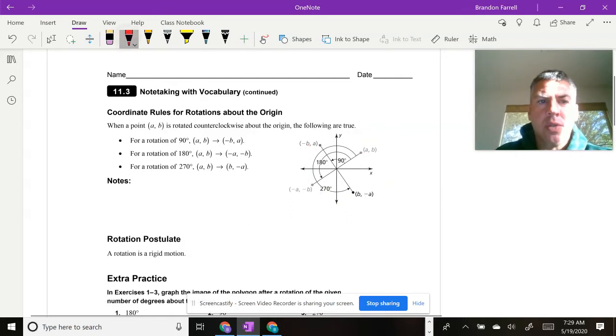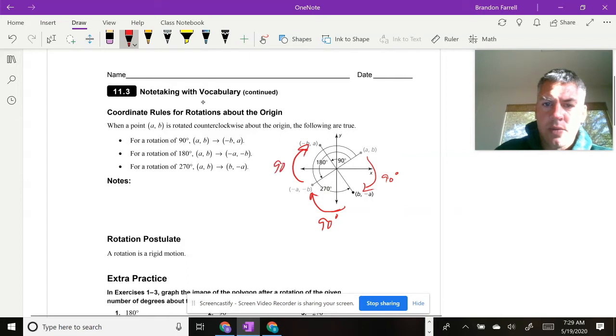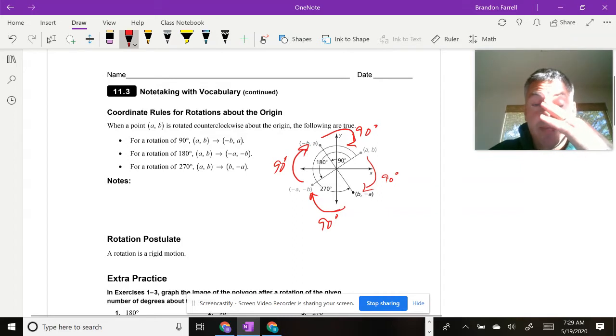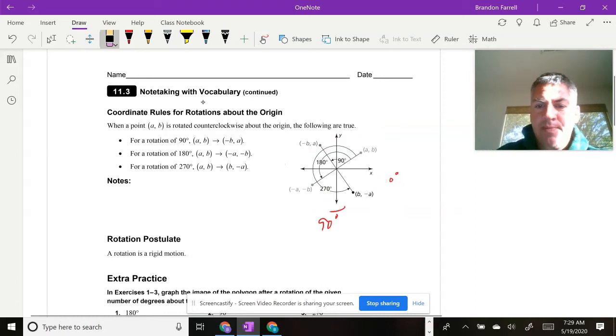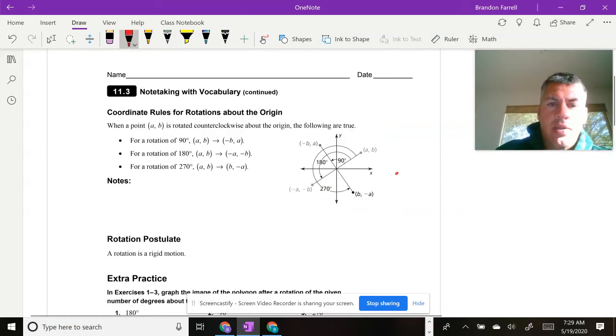You can also go the opposite way, 90 degrees, and get around to the same point if you do that 4 times. And then we spend a lot of time worrying about the language about a rotation of 180 or a rotation of 270.